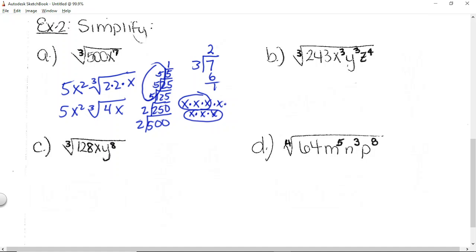We can use just writing down the x's like we did down here, or we can do it with this division. Actually, for this one, I could label everything here. So this is the index.